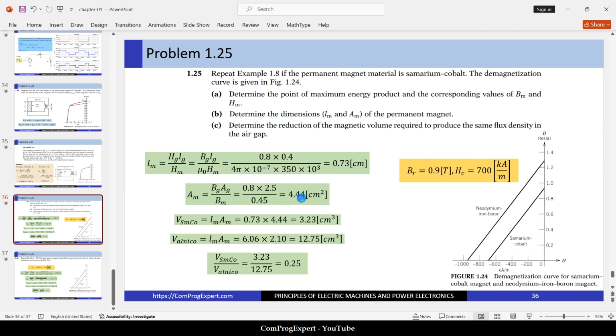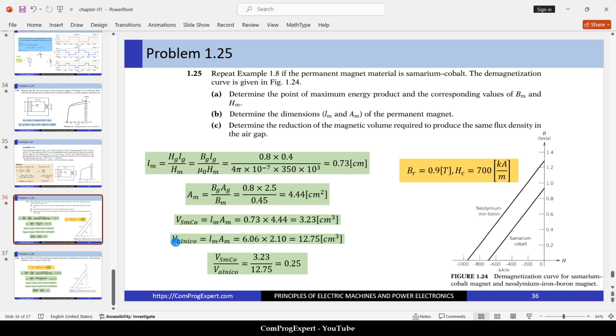So finally, we can calculate the volume of the samarium cobalt permanent magnet. In this case, the volume of the samarium cobalt will be equal to LM times AM, 0.73 times 4.44, that is equal to 3.23 centimeter cube.